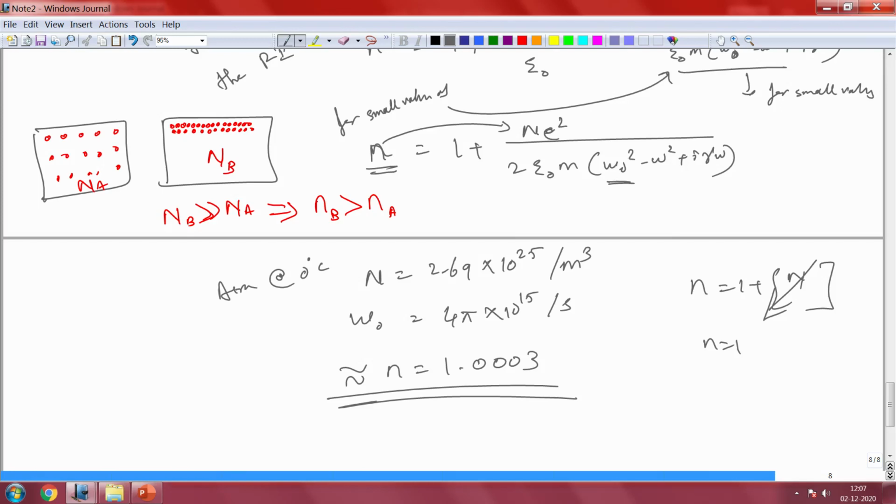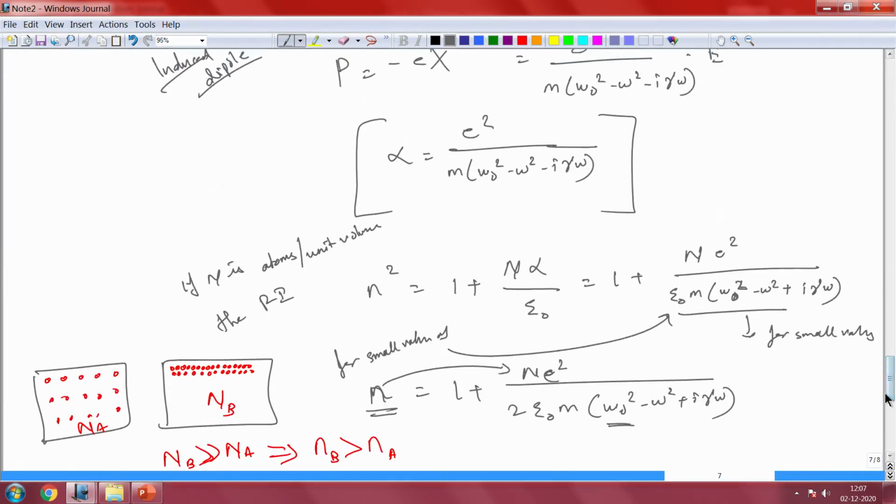The reason could be pollution, it is also local weather and so on. So the refractive index of air will change based on the number density here. So this is how you relate the material property with the refractive index of the material.